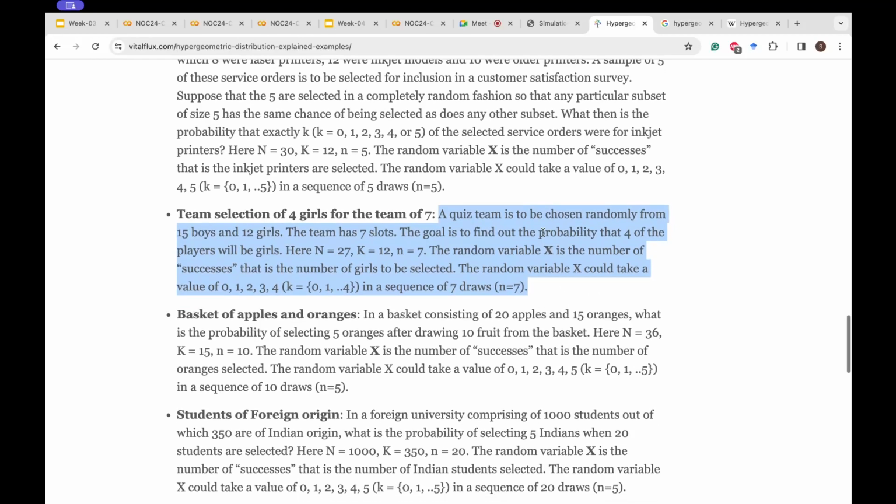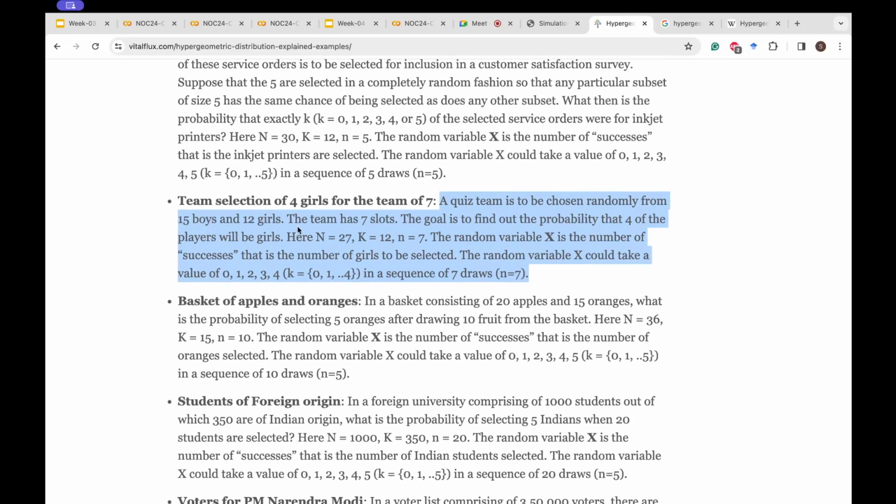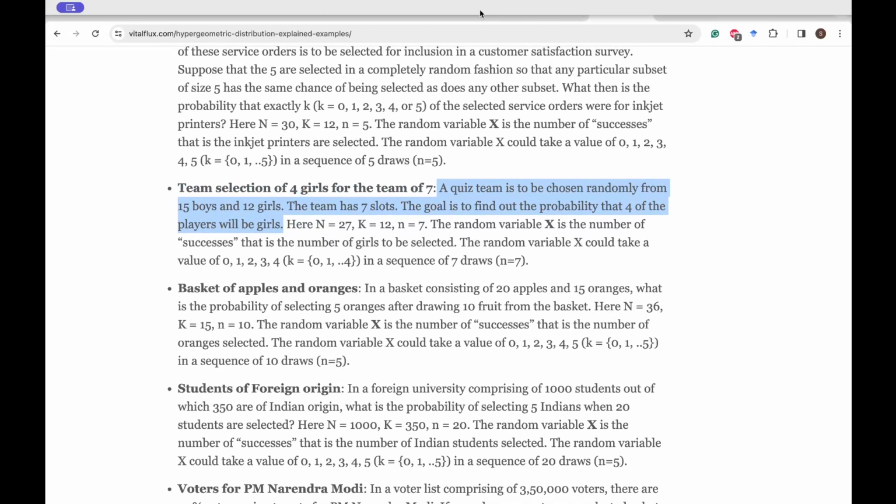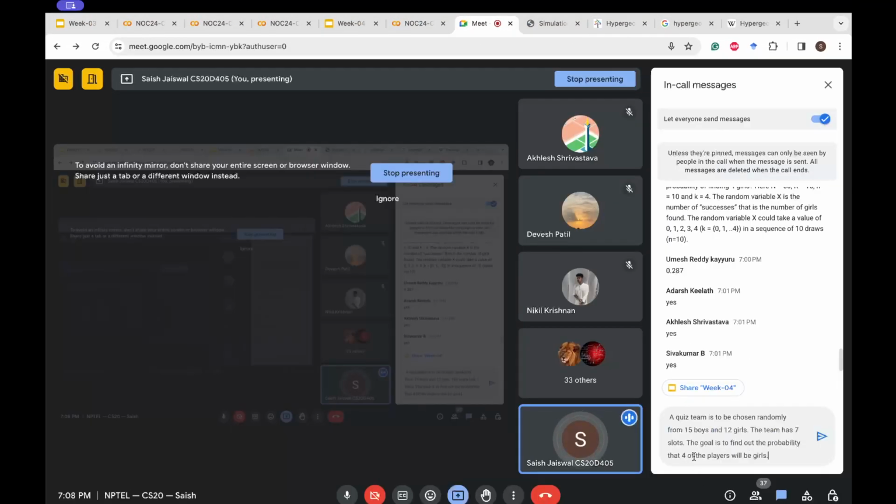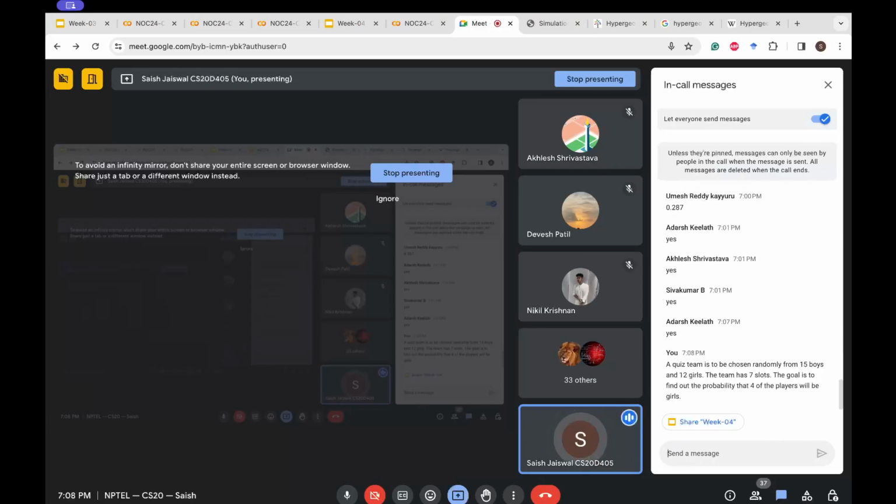A quiz team is to be chosen randomly from 15 boys and 12 girls. The team has 7 slots. The goal is to find the probability that 4 of the players will be girls. Let me just paste this, and I ask everyone, what will be the value of capital N, capital K, small k, and small n?